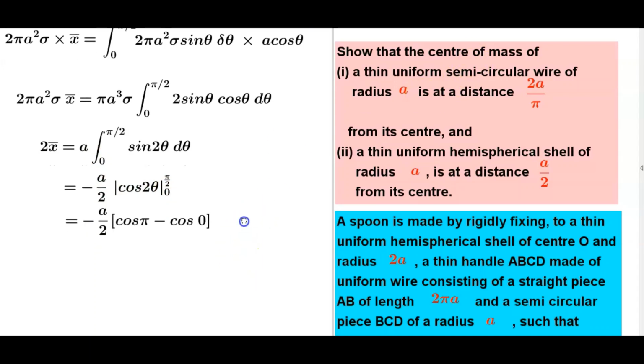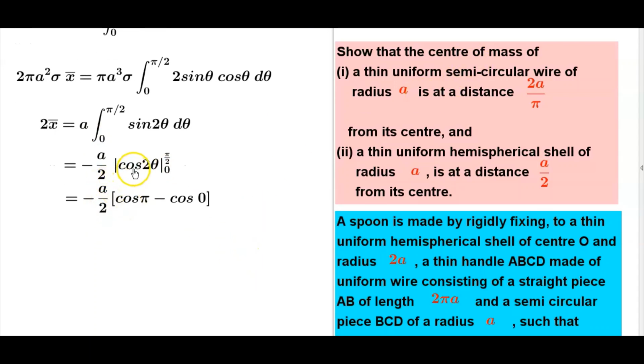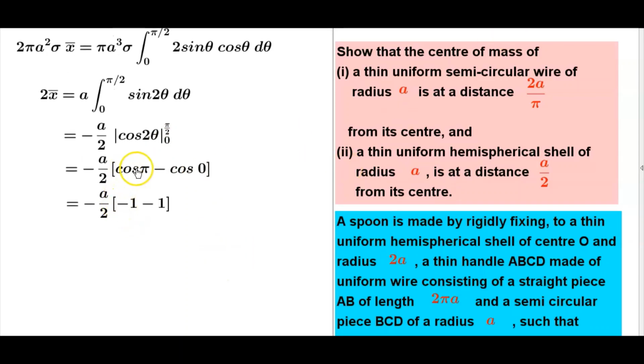Substitute: minus a by 2 into cos pi for theta equal to pi by 2, minus cos 0. That is minus a by 2 into cos pi, which is minus 1, minus cos 0, which is 1.